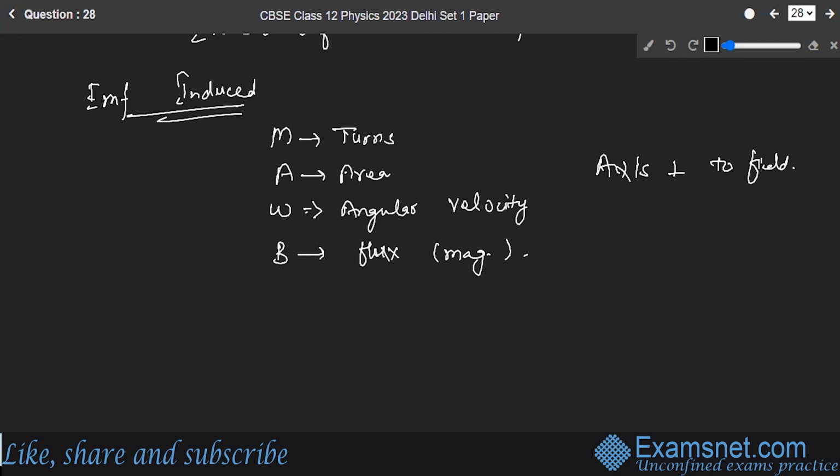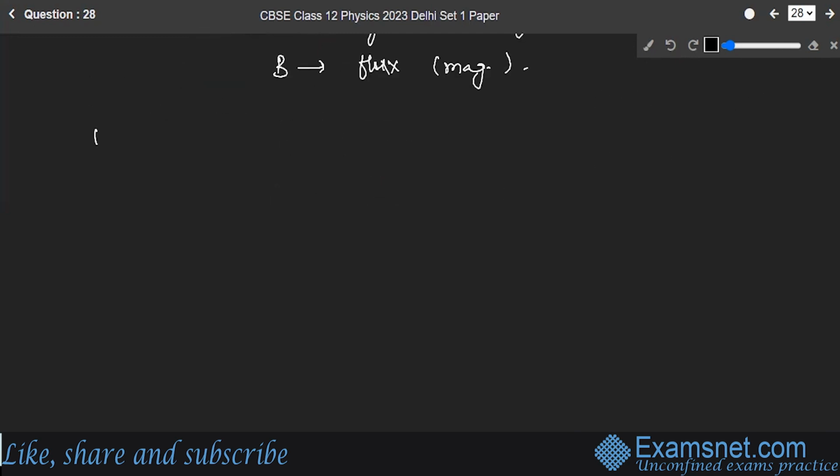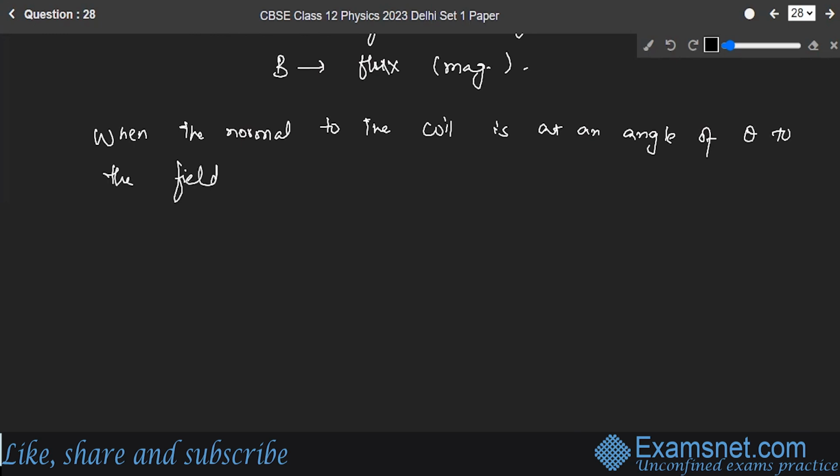the flux through the coil is, let's write down, when the normal to the coil is at an angle of theta to the field, the flux through the coil is equal to B A N cos theta.